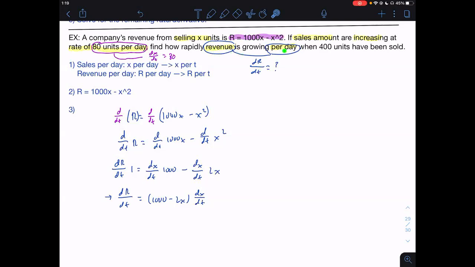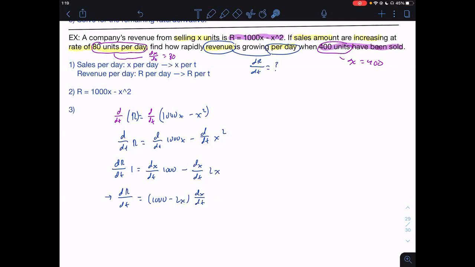Find how much the revenue is growing per day when 400 units have been sold. When we have sold 400 units, let's find how much the revenue is changing when x is 400. So there they give directly the value of the variable x.